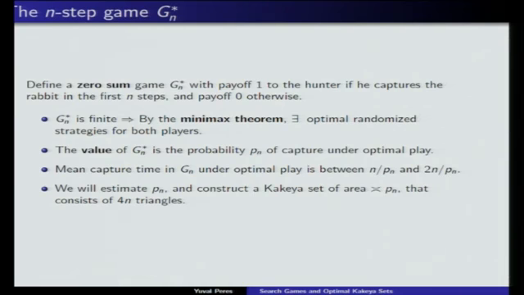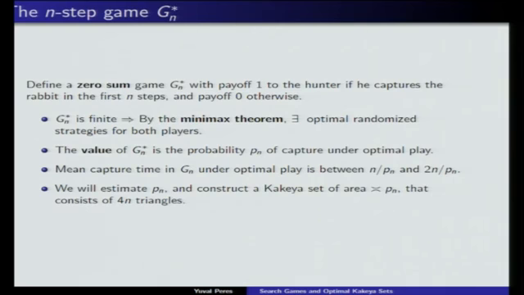Then if in the next round he's told to start at some random site, he will waste a round of at most n steps to just walk slowly to the next location he's supposed to start. And then, in the third round, he will capture again with probability p and so on. So by wasting a factor of 2, he can ensure capture in time 2n over p. So we're going to ignore constants, and this shows that these two games are very closely related.